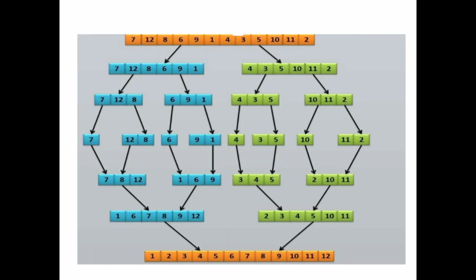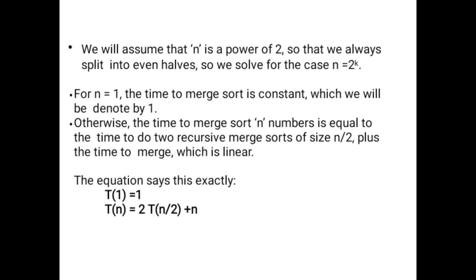Now, analysis of the merge sort. So you can see here, we will assume that n is a power of 2, so that we always split into even halves. So we solve for the case n is equal to 2 to the power of k.